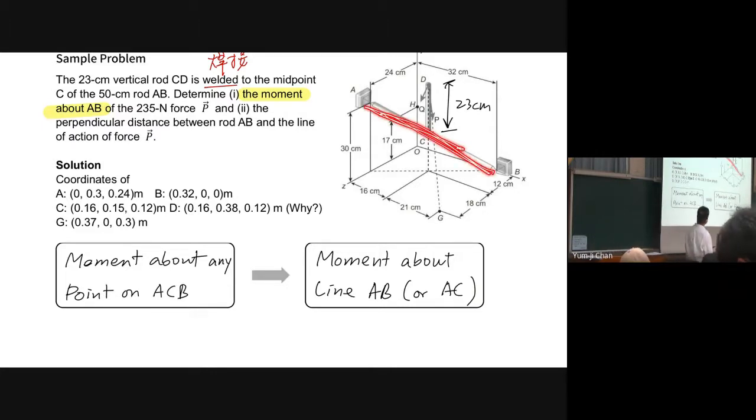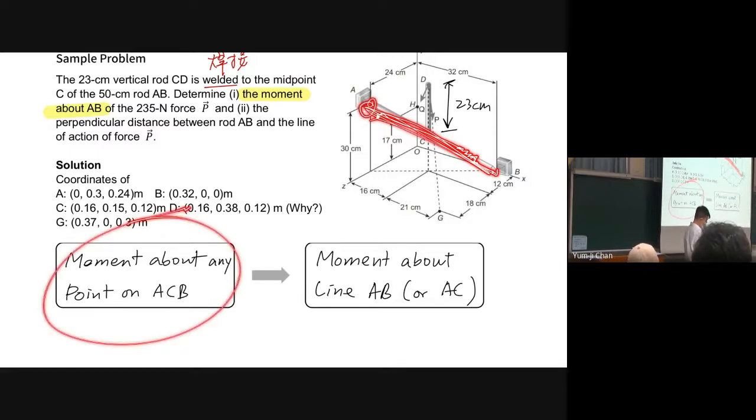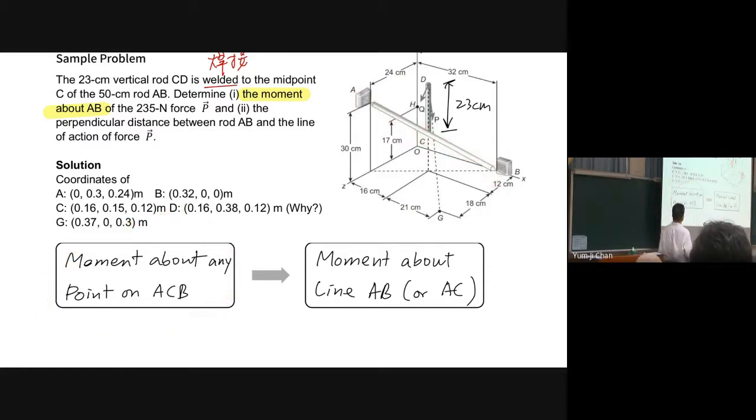If we want to determine the moment about this line AB, we first determine the moment about any point along here. You can get the moment about point A, point C, or point B, or any point in between.